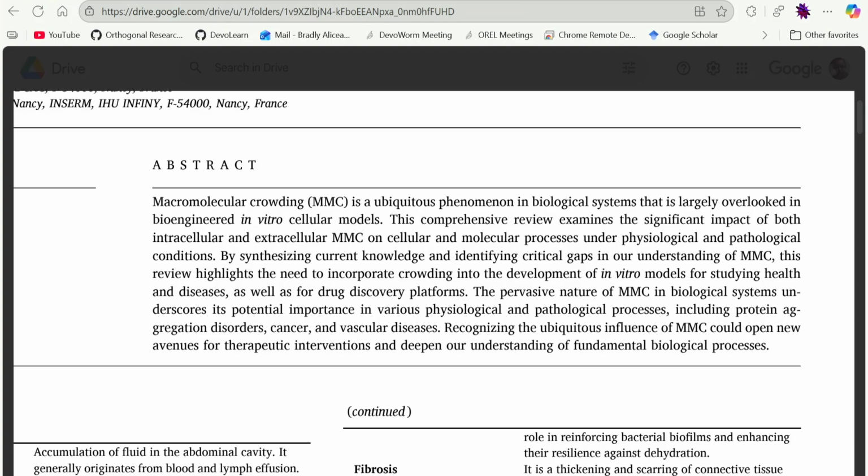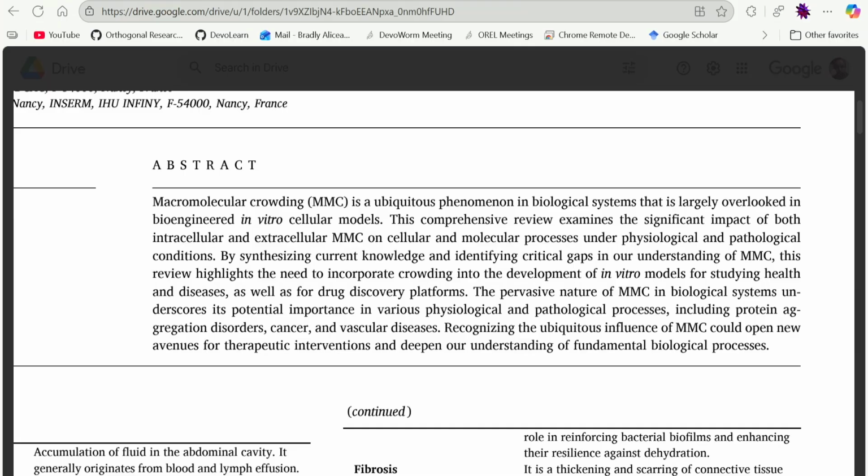And so you can imagine how that could happen, not just with the constraints I mentioned in the summary, but also if there's just way too much stuff in the cell. And so it interferes with translation, or it interferes with metabolic processes.